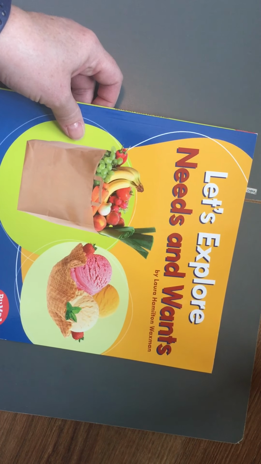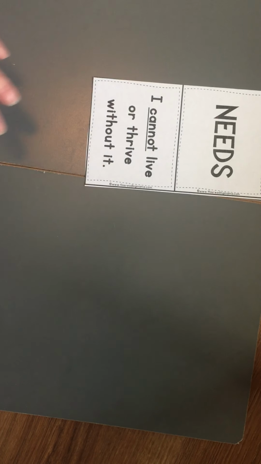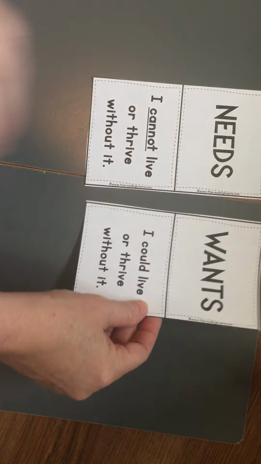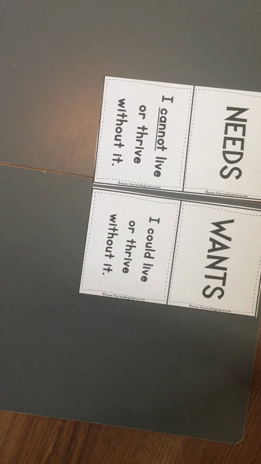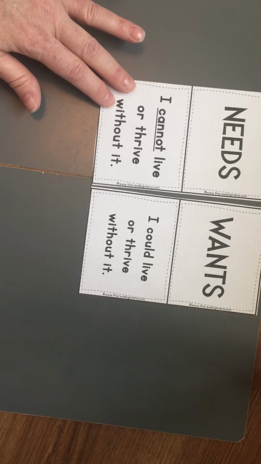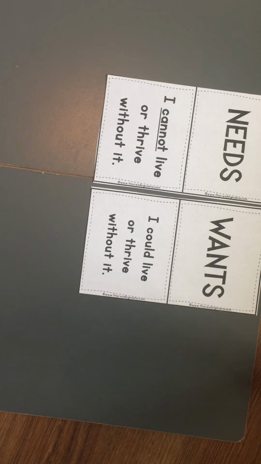Okay, so let's play a little game here, talking about our needs and our wants. A need is something I cannot live without. I need it. Wants, I could live or thrive without it.